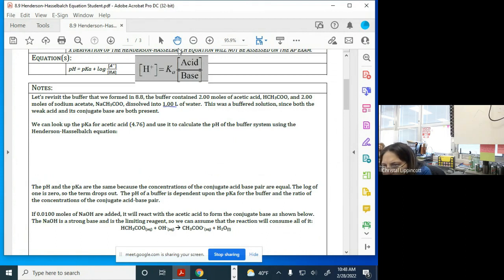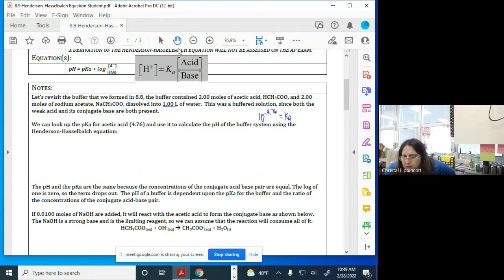We can look up the Ka value for acetic acid, and if we were to do that, they'd have to give that to you in the problem or give you some way to solve for it. This pKa value is 4.76. So if we take 10 to the negative 4.76, that's going to give us our Ka value.